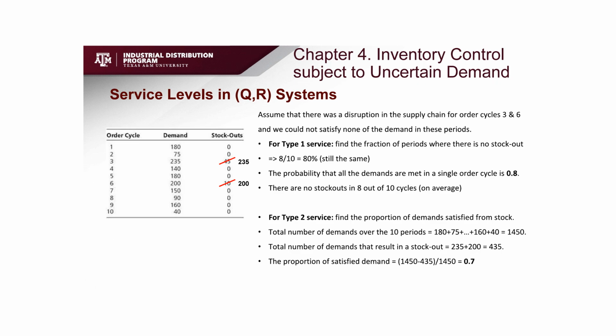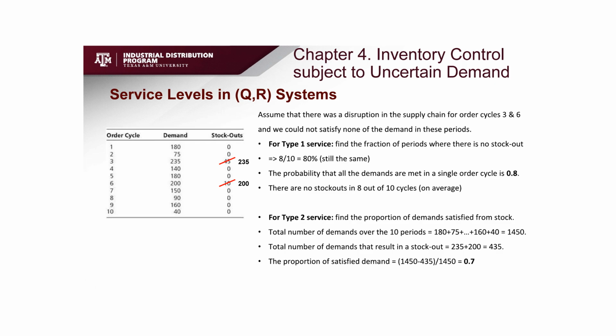Now, suppose there's a disruption and in cycles 3 and 6, we can't satisfy any of the demand, the 235 and the 200. So what changes? For type 1, nothing. We still had stockouts in those two cycles, 8 out of 10, 80%. Type 1 only cares whether a cycle stocked out, not how big it was.